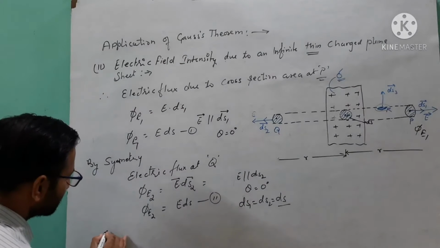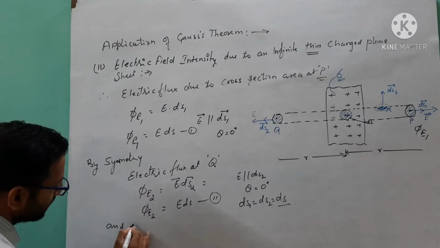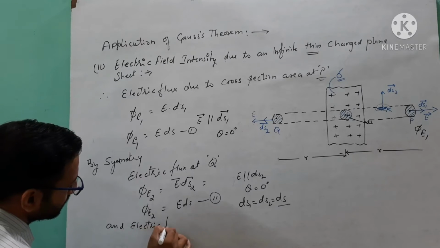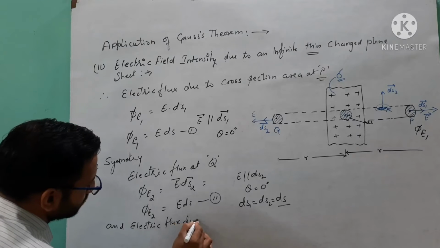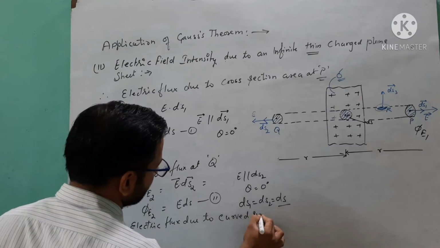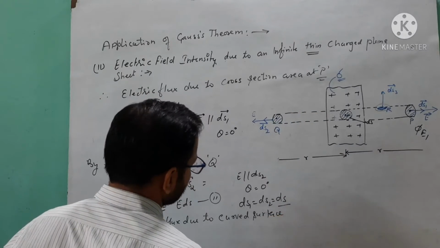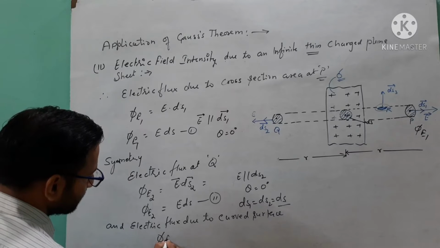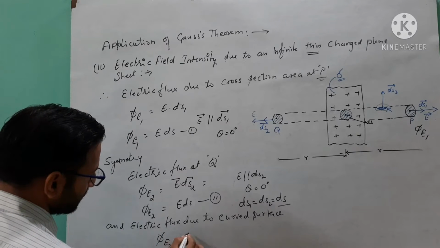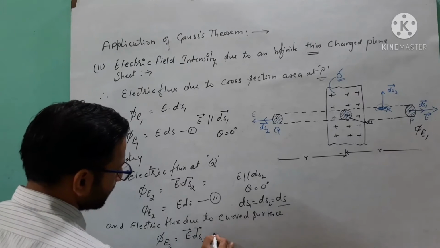Now third surface is a curved surface. So therefore we can start here. Now the third region, and electric flux due to curved surface of cylindrical Gaussian surface, and this one is supposed to be phi E3, and this is equals to E dot ds3.